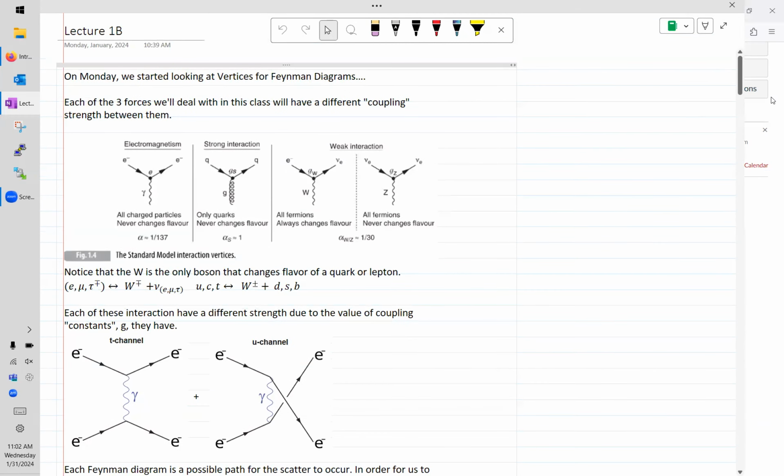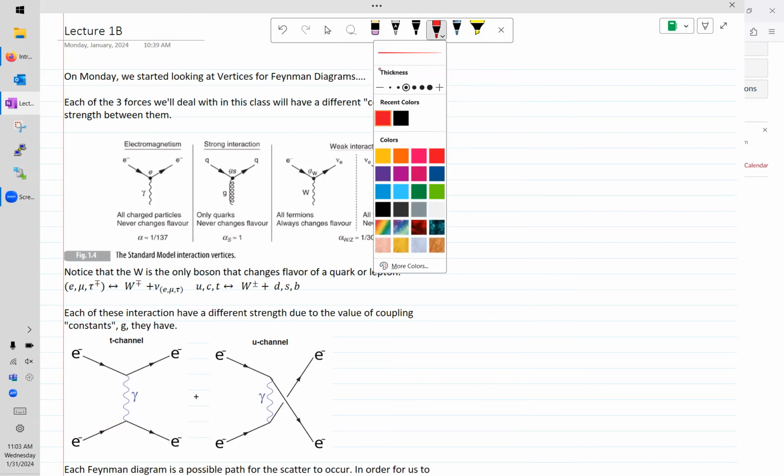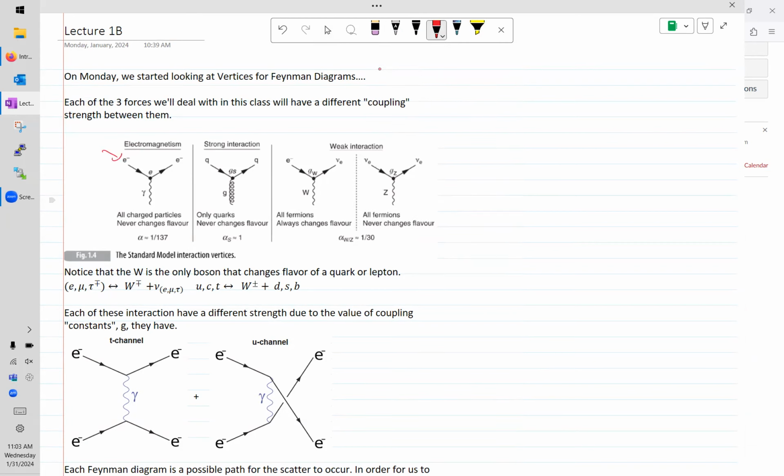All right, so on Monday we got to the point where we start talking about these Feynman diagrams, right? Specifically these vertices. Right, these vertices. As you remember, the left one here is the electromagnetic vertex.